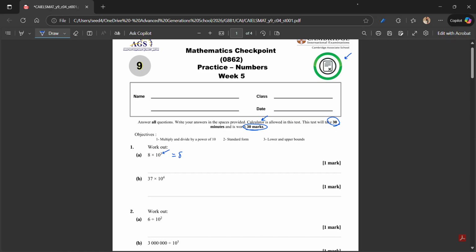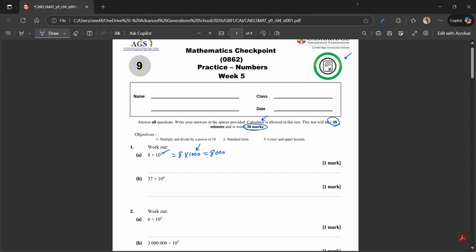It means 8 times 1000. It means 8,000. So actually, guys, no need to change 10 power 3 to be 1000. Just you have to understand that we must move the decimal point to the right side 3 digits. Okay, so it will be 8,000.